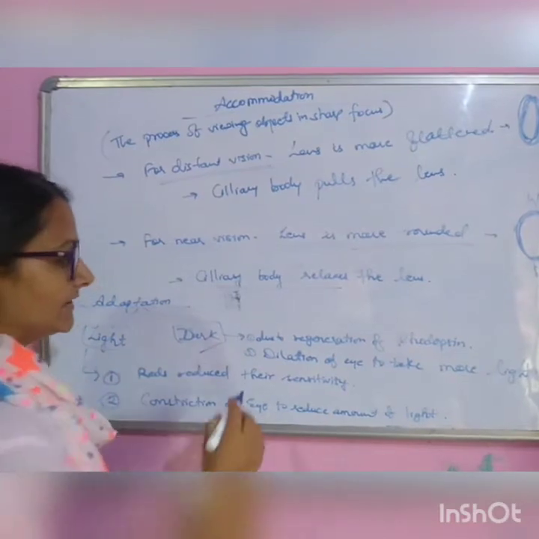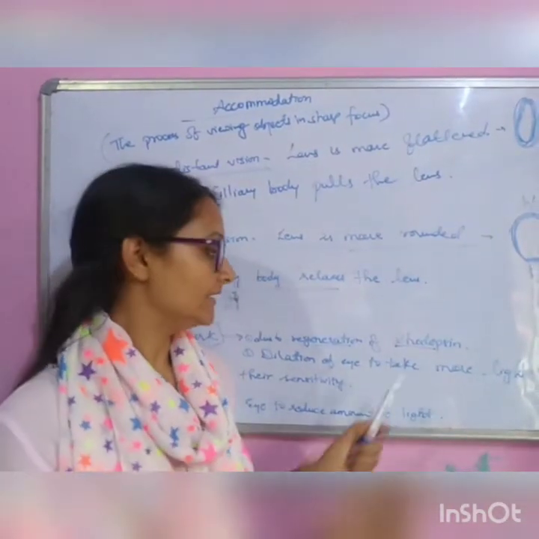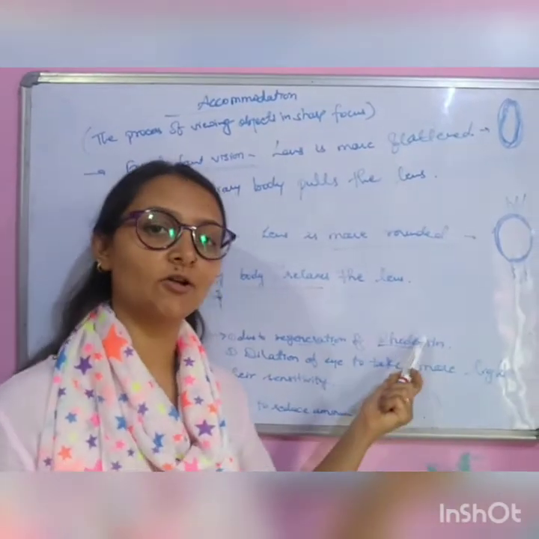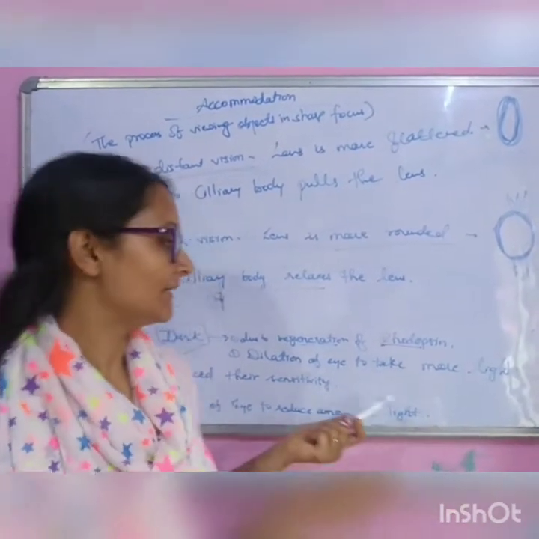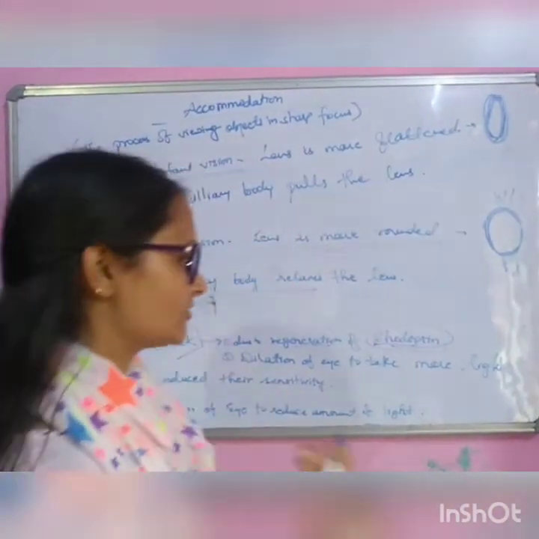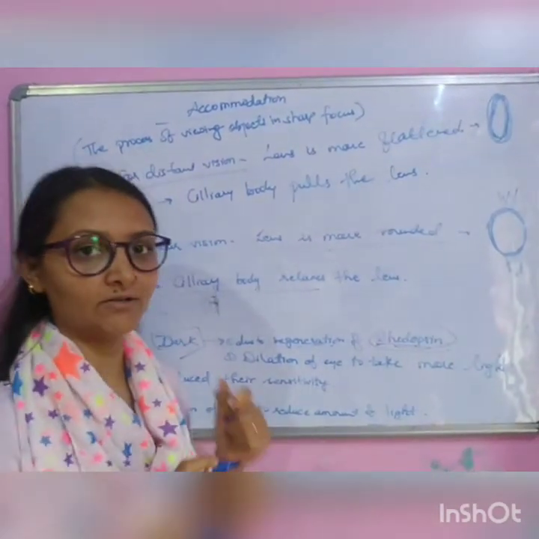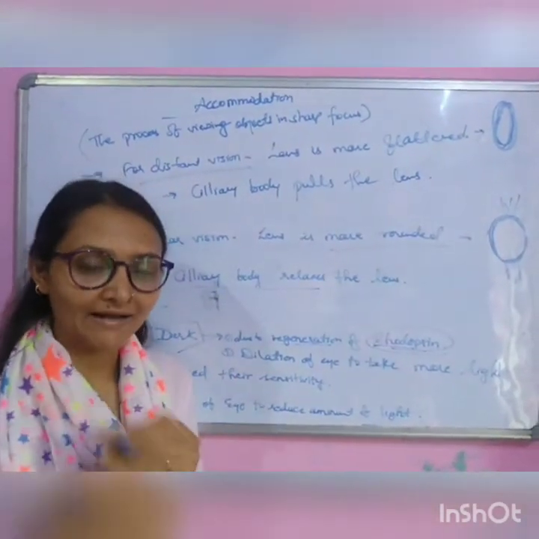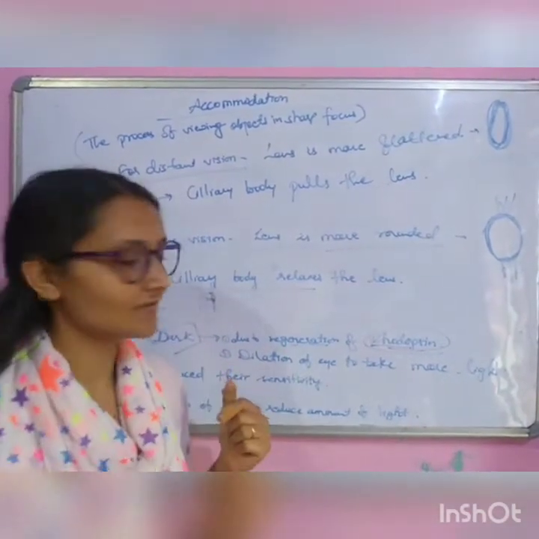First of all, dark adaptation. Why does this happen? It happens due to regeneration of rhodopsin. Rhodopsin is the pigment of rod cells, and it gets destroyed in bright light. As I have already told you, cone cells are responsible for bright light and rod cells are responsible for dim light.